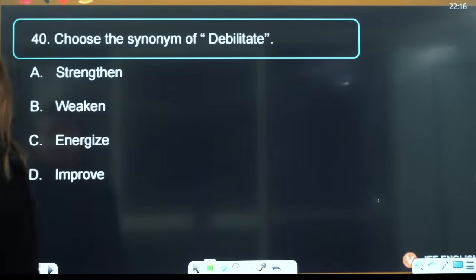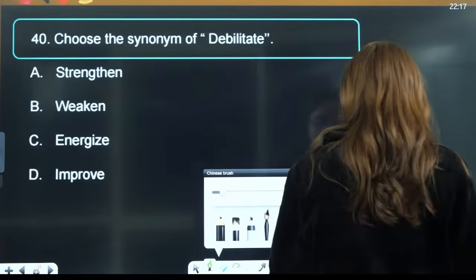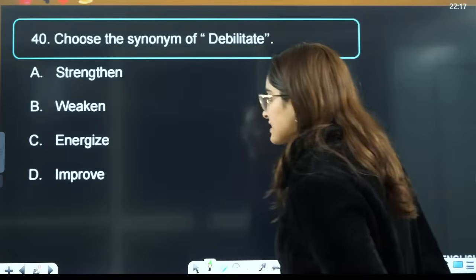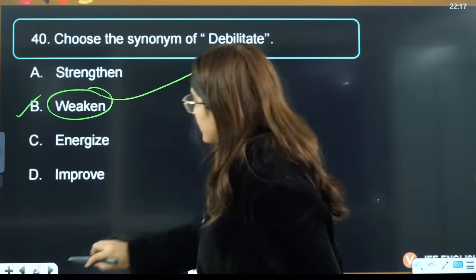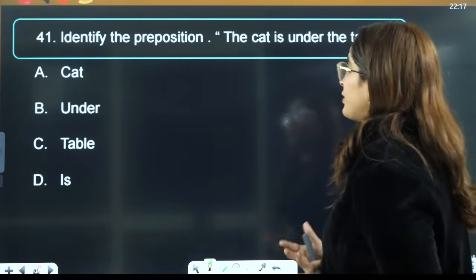Tell me, the synonym of deliberate. Strengthen, energize, and improve are the same things. Weaken is the odd one out of that, so that will be deliberate, right? Deliberately doing this, right?